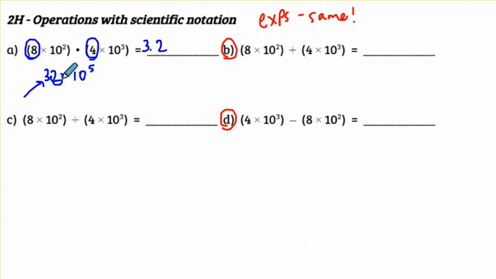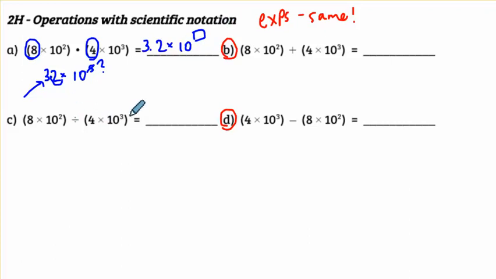Since we made this number smaller, meaning we took one step back, we need to make this exponent larger, or one step forward. So I'm going to let you figure that out. What should this exponent be?